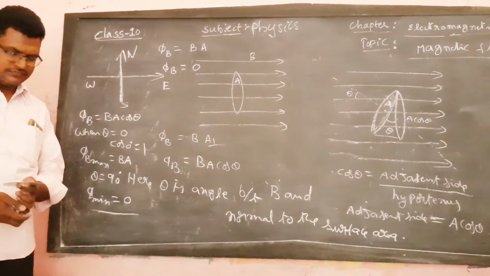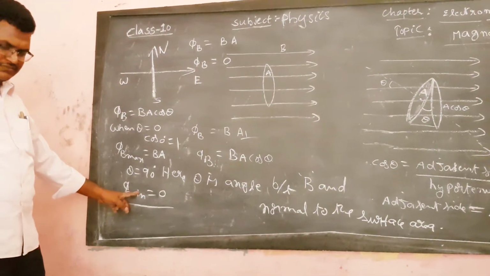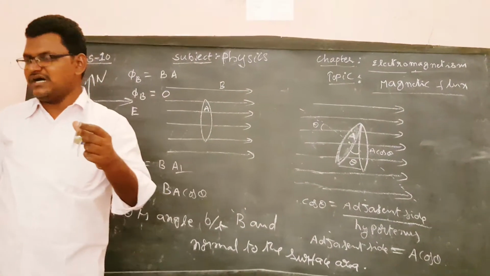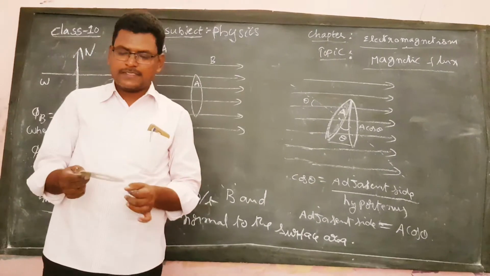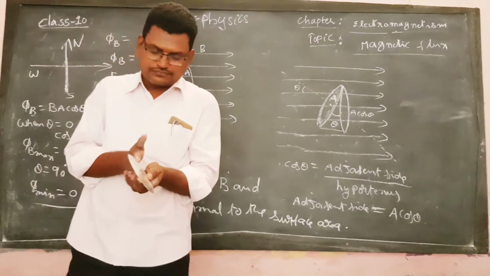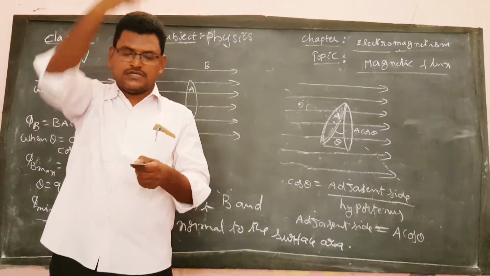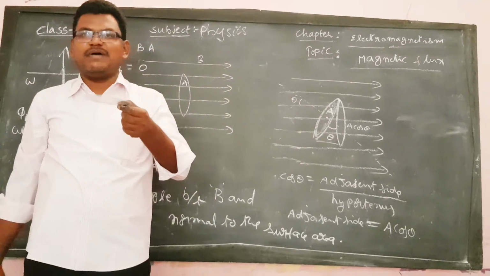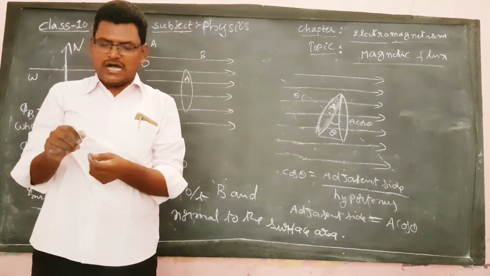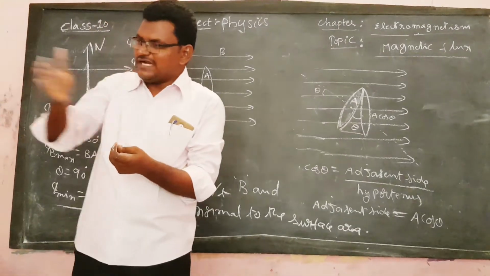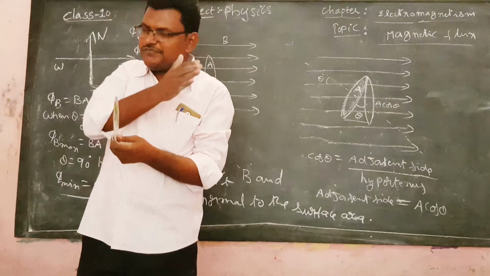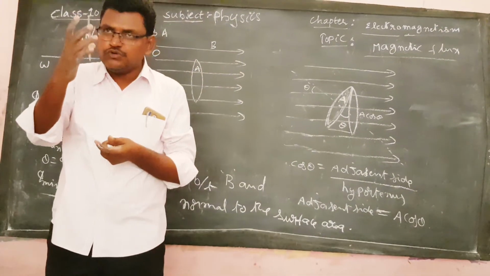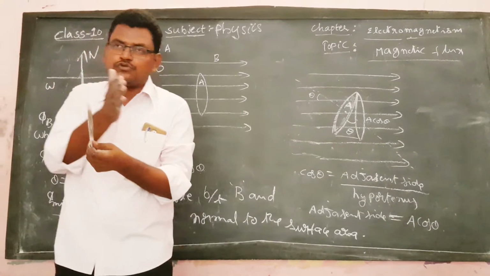Now let's see, for these cases, how the surface area should be oriented with the magnetic field. Assume the raindrops are the magnetic field lines, or otherwise take the magnetic field as uniform and passing from right to left.